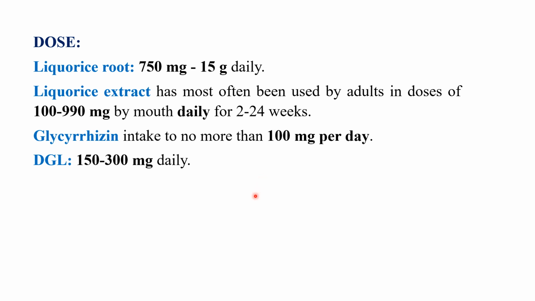If you are going to use glycyrrhizin as a vial or as in SNMC injection, for example, you can use up to 100 milligrams per day. And if you are going to use DGL, deglycyrrhizinated licorice, you can take a dose from 150 to 300 milligrams daily. These are the safe doses.